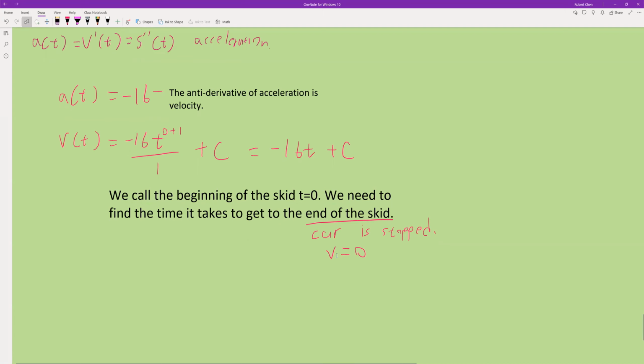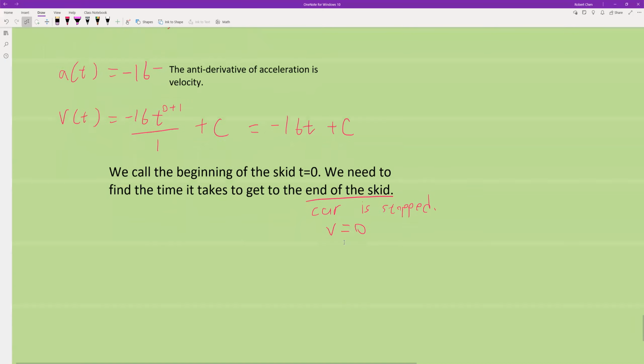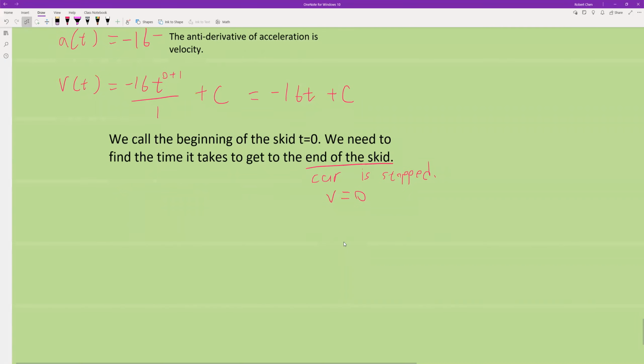So we want to find out how long it takes for the car to stop. We set 0 equal to the velocity, negative 16t plus c, and then we get that t is c over 16. That's the time it takes for the car to come to a complete stop. Of course, we don't know what c is yet, but we'll figure that out in a second.